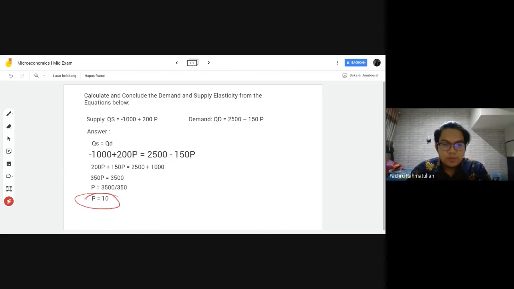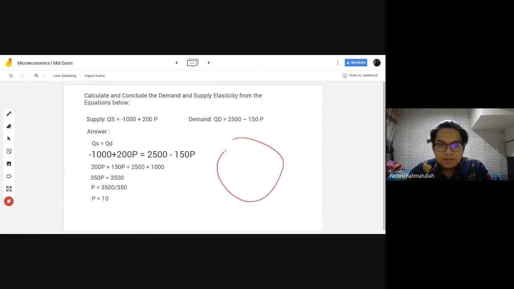So now we got the number of P. But now, how do we get the number for Q? It's simple. Just put the P number into one of these equations. It's your choice. It can be from the demand equation or maybe from the supply equation. But for me, I just want to take this equation.